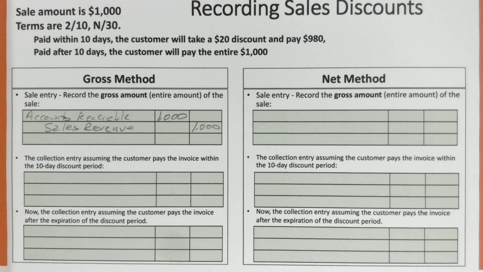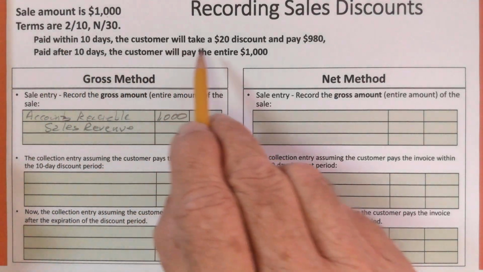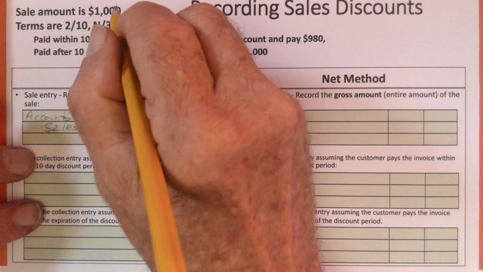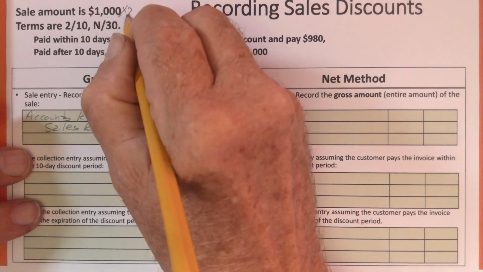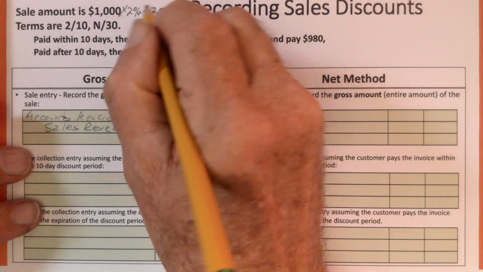Now, if the customer pays within the 10 days, if they pay within the discount period, we're not going to get the full amount. If paid within 10 days, the customer will take a $20 discount. 1,000 times 2% gives us a $20 discount.